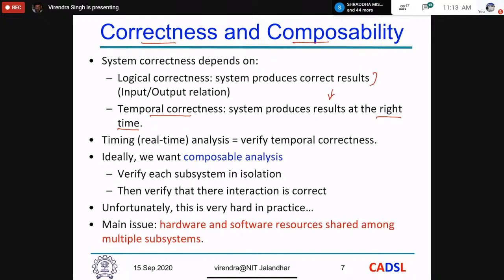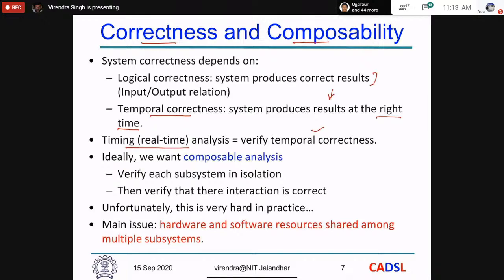First you have to ascertain that your system is working correctly, and after that you see whether it is working correctly at the right time, or it is not working correctly, say by violating the timing requirement, and thereby you can do the debug. Sometimes the real time requirements are there, and therefore the temporal correctness is very important, that it should not delay beyond a certain time.